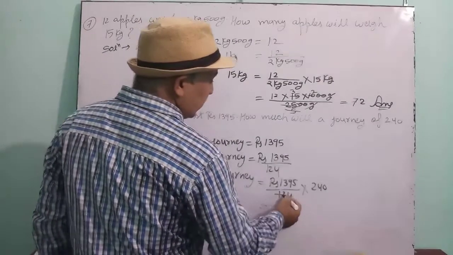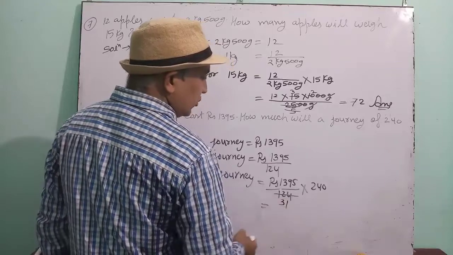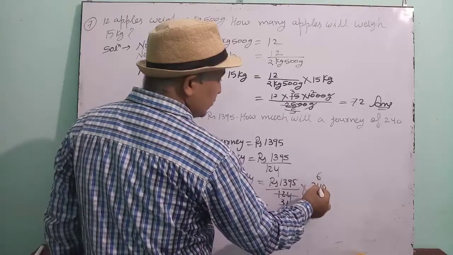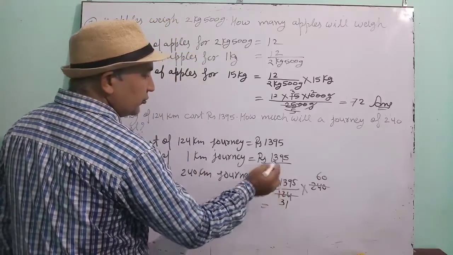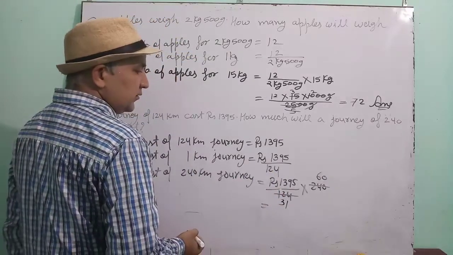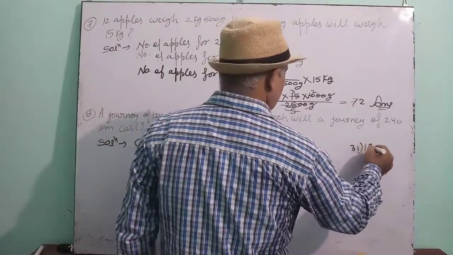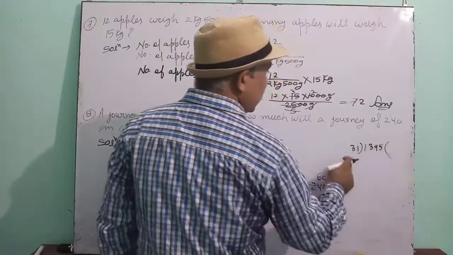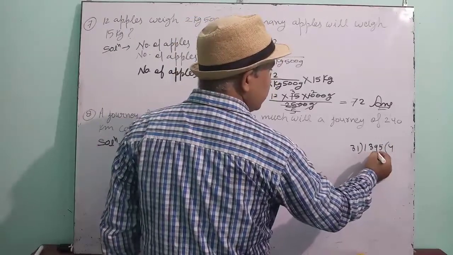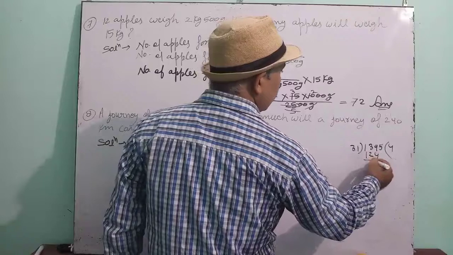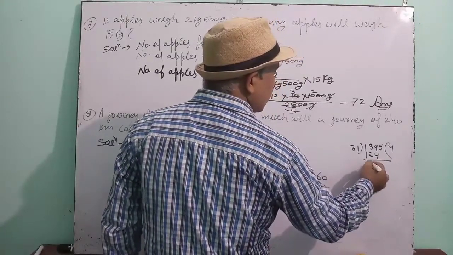You can see both the numbers are divisible by 4. 4 into 3, 12. 4 into 1, 4. 4 into 6, 24. Now divide 1395 by 31. How to divide? We know that 31 into 4 is 124, so we can take 4 times. Now 9 minus 4 is 5. 3 minus 2 is 1.